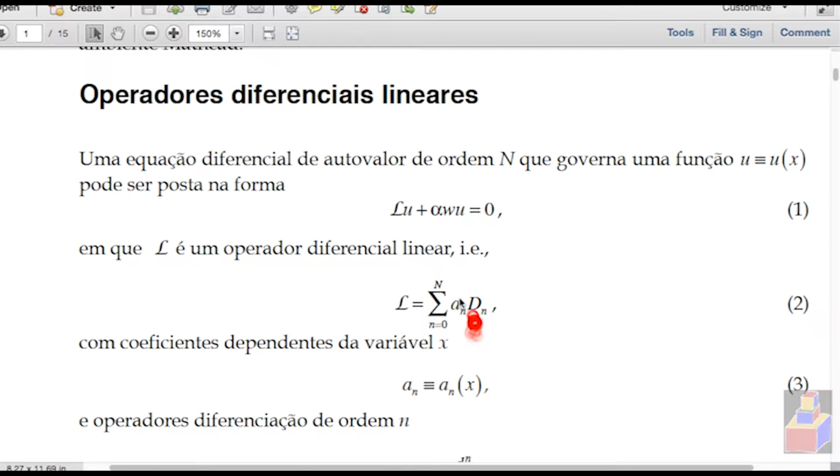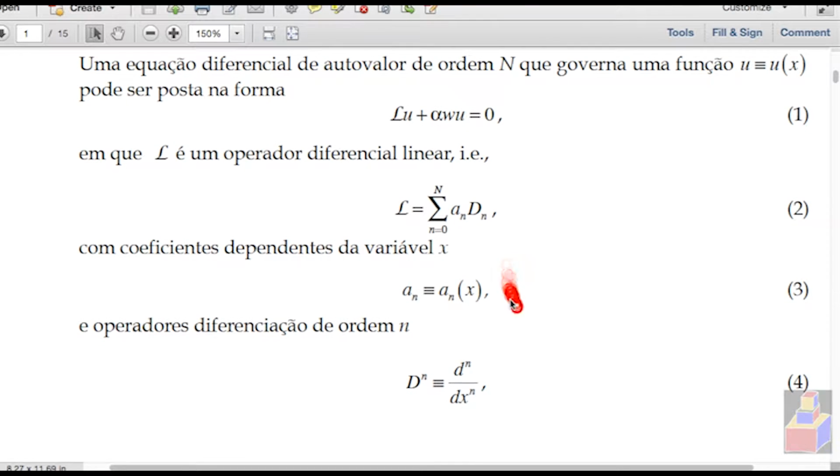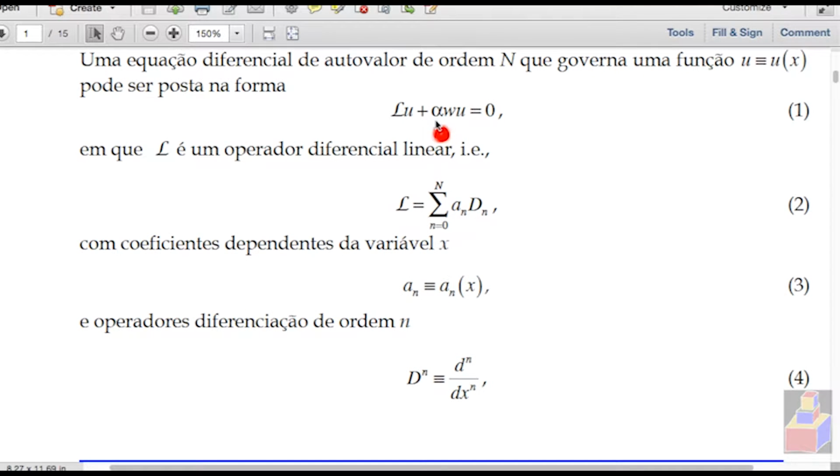And these are functions of x. So the coefficients in this case are functions of x for the operator, and d^n is the n-th order derivative. Okay? So L uses the action of several differential operators on u, which is a function of x. Alpha is called the eigenvalue of the differential equation.